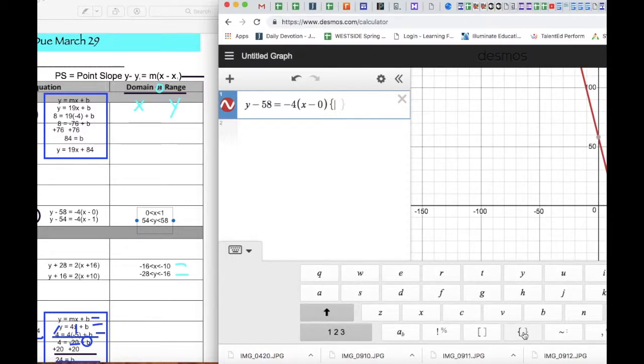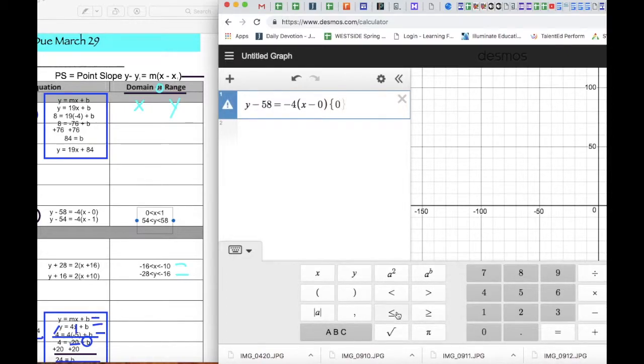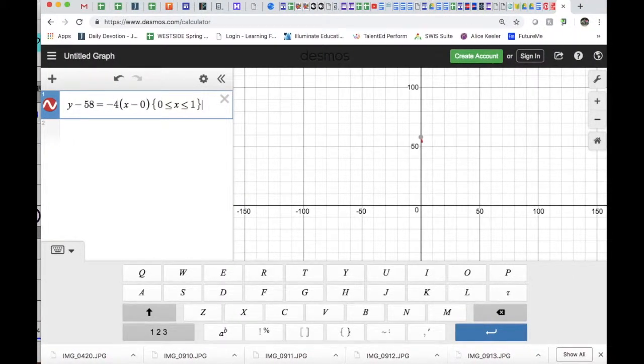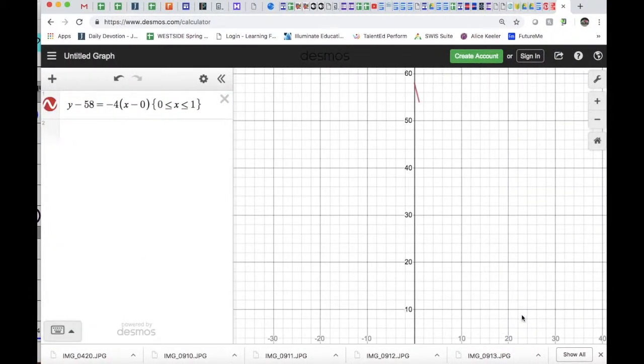Then I'm going to type in 0 less than or equal to x less than or equal to 1, and put my end curly brace in there. Now it looks pretty tiny compared to what I had before, but there it is at the very top.